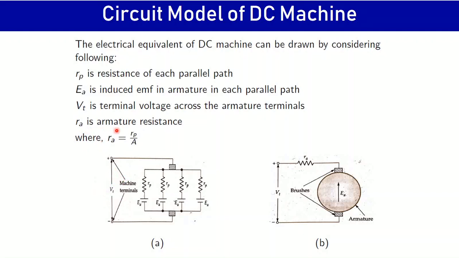Ra is the armature resistance. So here Ra will be Rp by A, where A is the number of parallel paths. So the total voltage which is obtained from these parallel paths here is shown as Ea. So this is how the circuit model of the armature side looks like.